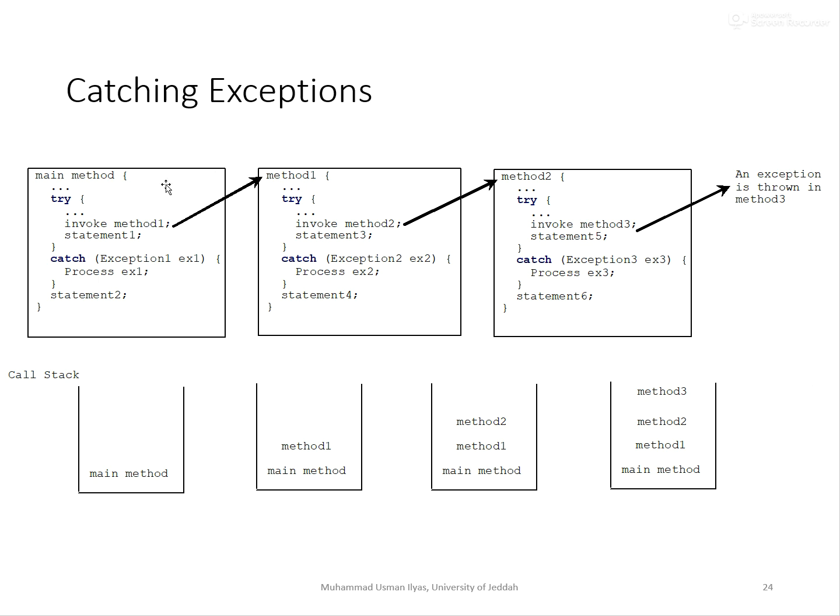It's another example of where we have a method invoking another method called method 1, and method 1 in turn invokes method 2, and method 2 in turn may invoke some other method 3, which might produce an exception which can be caught over here.